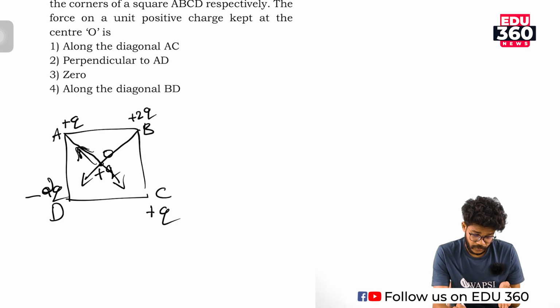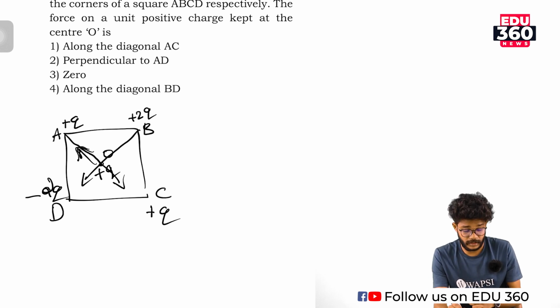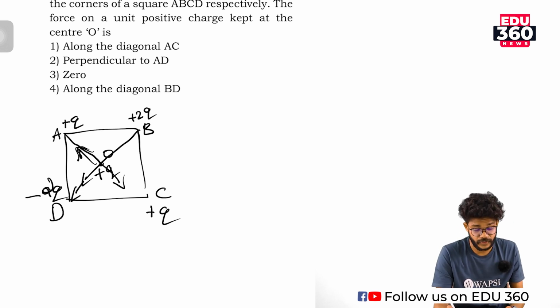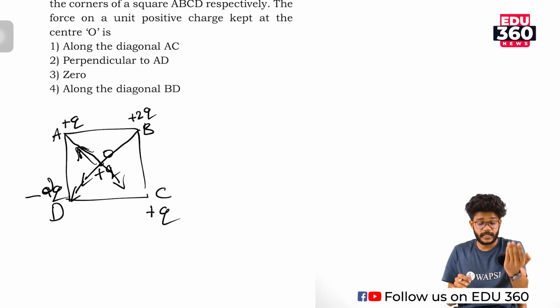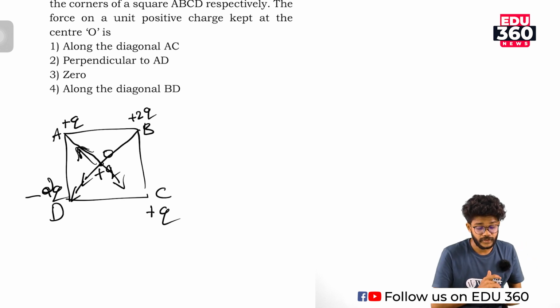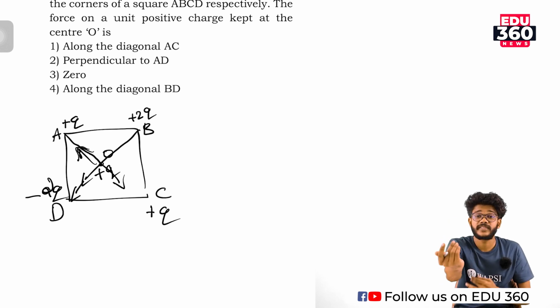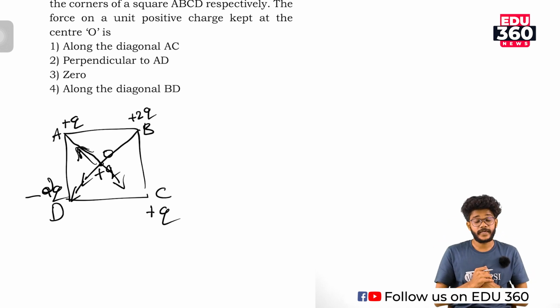the minus 2q and the plus q at the center, minus q will attract the plus q. That means that is an attractive force. That means plus q is attracted towards minus 2q. That means the plus q will start to move towards minus 2q.